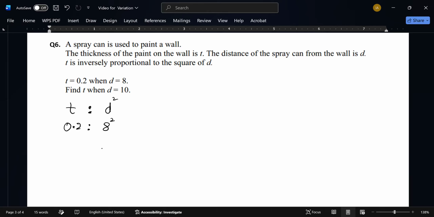Since D is 10, what should be the value of T?